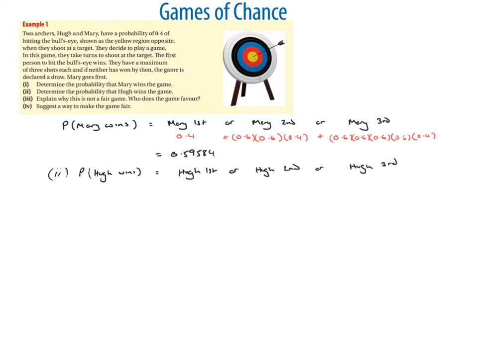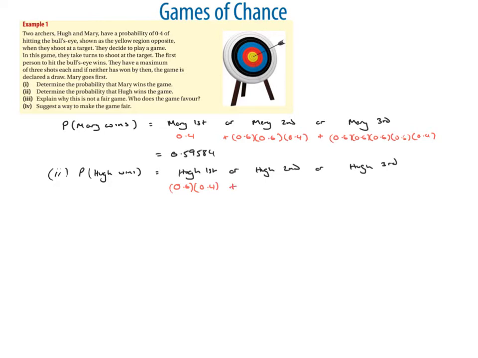Now remember, Mary's going first here. So in order for Hugh to win on his first shot, Mary has to miss first of all. So that's 0.6 chance of Mary missing, and then that's followed up by Hugh hitting it straight away, which is a 0.4 chance. So that's the way he can win on his first visit to the game.